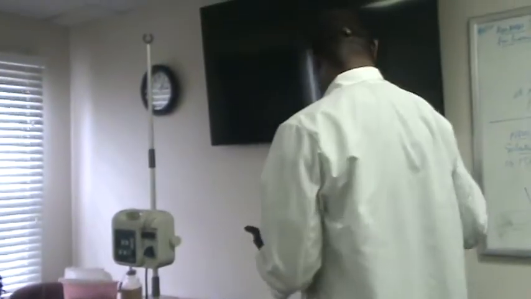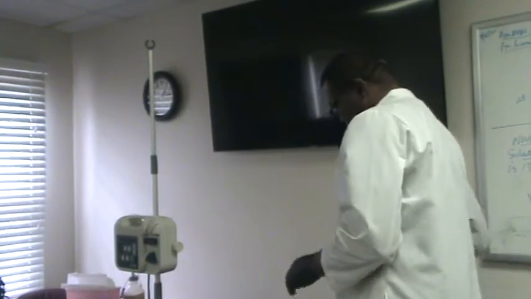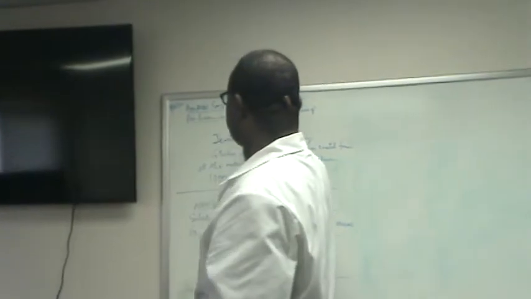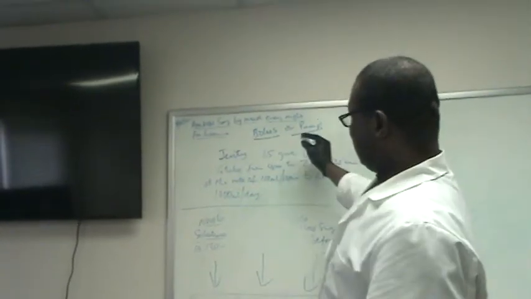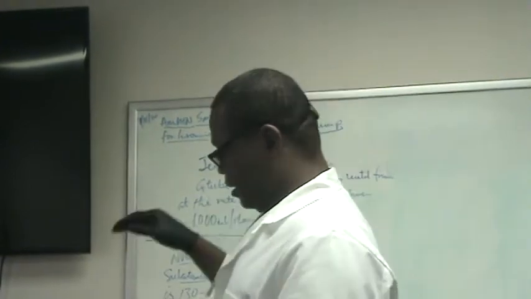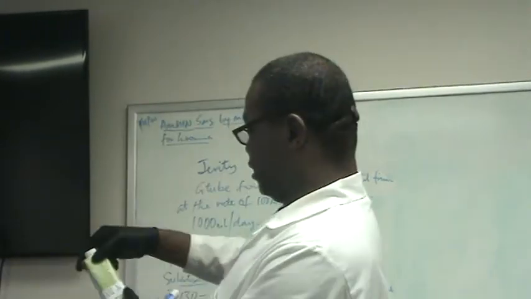So you'll get an order. Let me start with the bolus feeding. So bolus or pump. So we're going to do the bolus first, then we're going to do the pump. The order will say, for example, this is JVT 1.5.